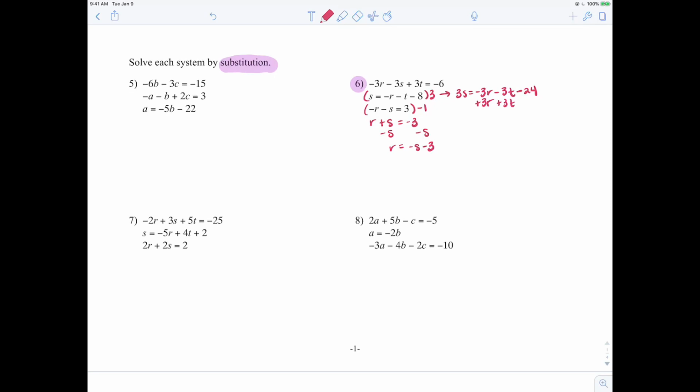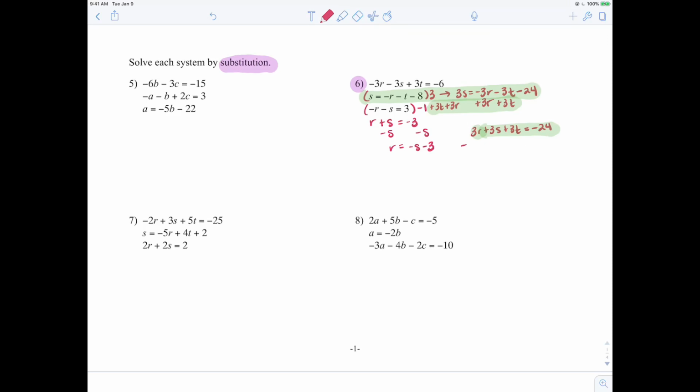So I add 3r plus 3t to one side, so 3s plus 3t equals negative 24, because all of this is the same as this equation here.